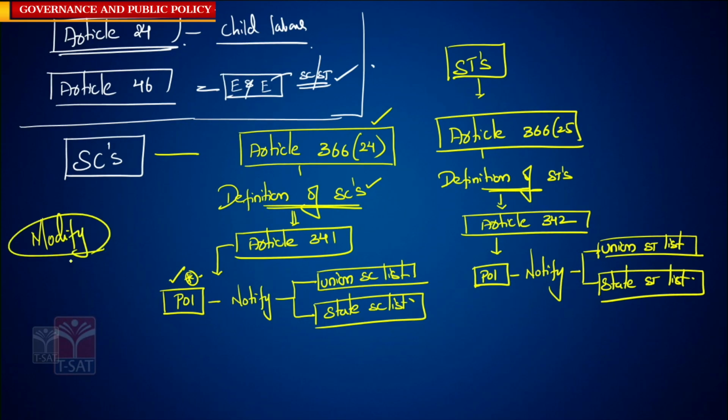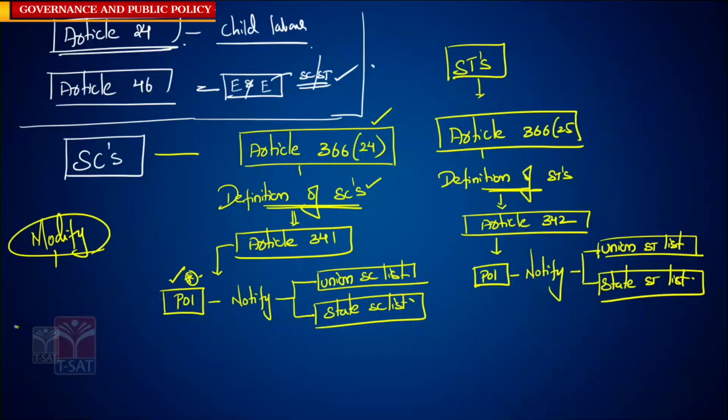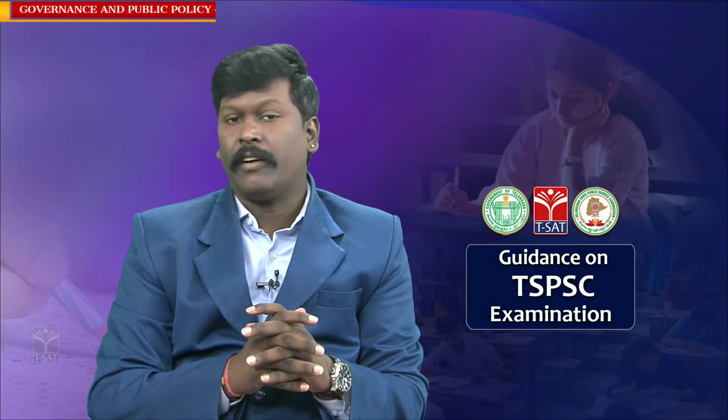If you want to remove some caste or add some caste, the President does not have the authority to modify. Then who has the authority? It is the Parliament. Parliament has the authority to modify the SC list and ST list, to add and delete some castes within the list. Very important for your exam.